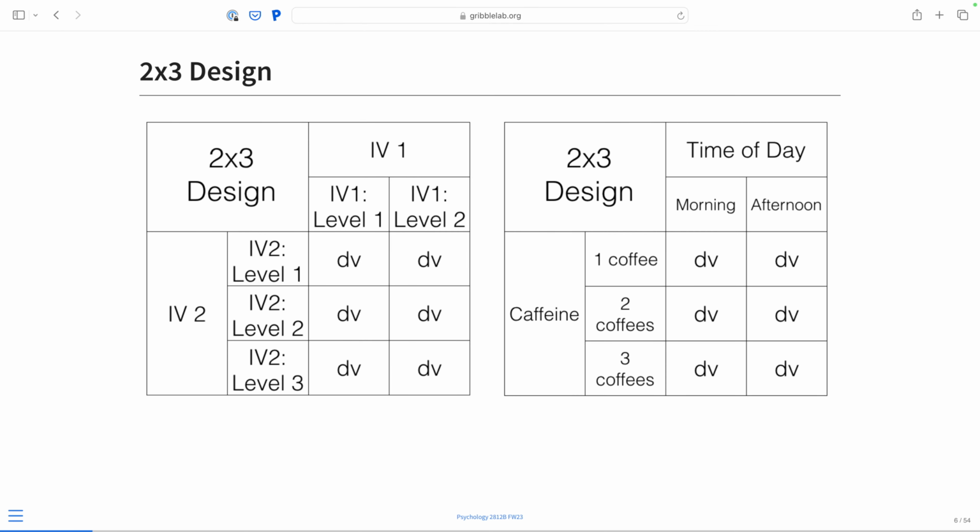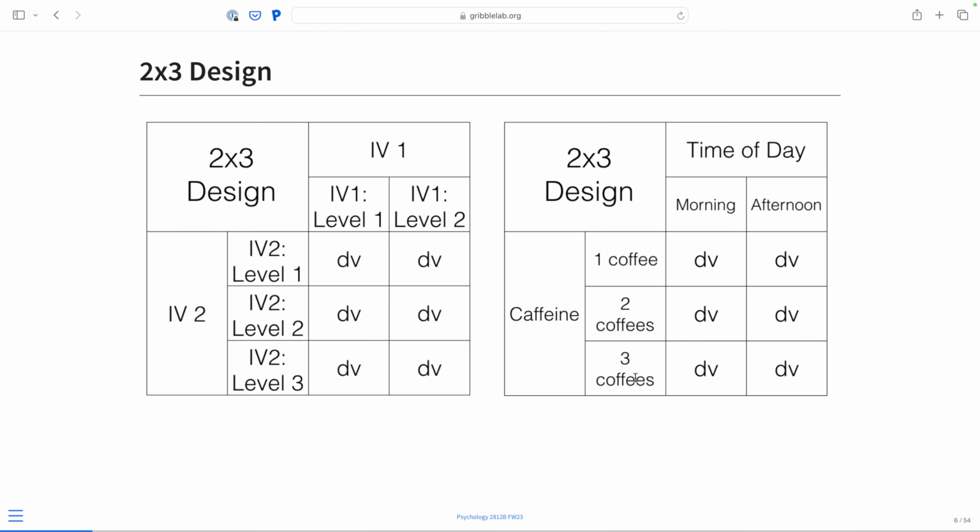In a 2 by 3 design, one factor, one variable has two levels, 1 and 2, and the other variable has three, 1, 2, and 3. So we might still have morning versus afternoon as two levels of one factor, time of day, but now we have three levels of the second factor, caffeine. One coffee, two coffees, or three coffees.